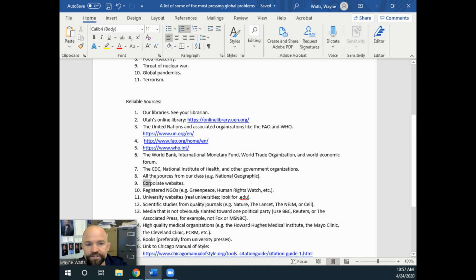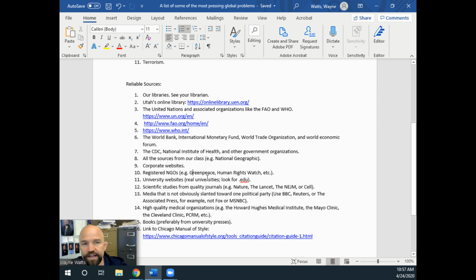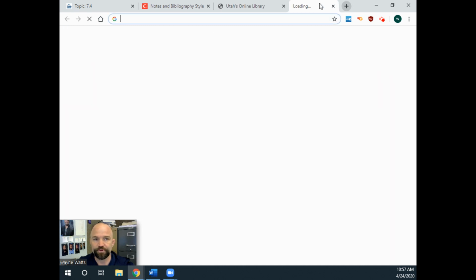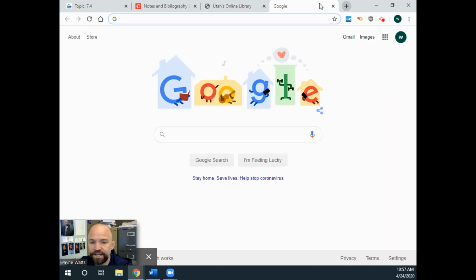Now, corporate websites are to be considered reliable sources to the extent that you realize, of course, that a corporate website is usually designed in such a way as to make the corporation itself look good, right? So I don't know, let's say we were looking for the most wealthy corporations in the world.